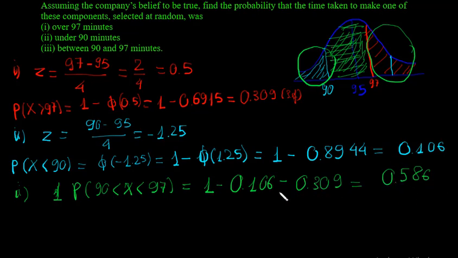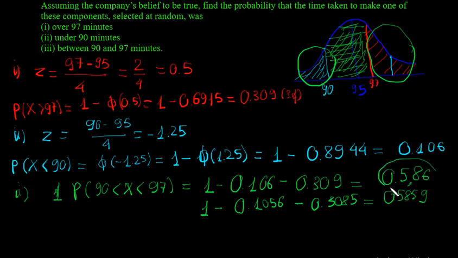So we have to use the raw values. We take 1 minus 0.1056, which is the result of this one, minus 0.3085, which results in 0.5859. Luckily for us, this time when we round to 3 significant figures, it is the same. So in this case you would not get it wrong.